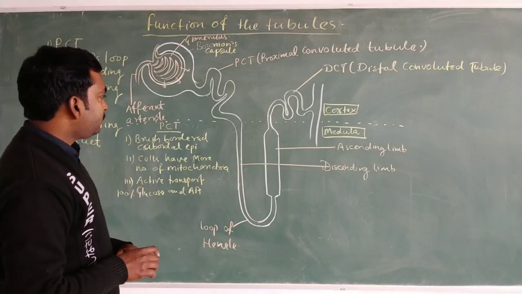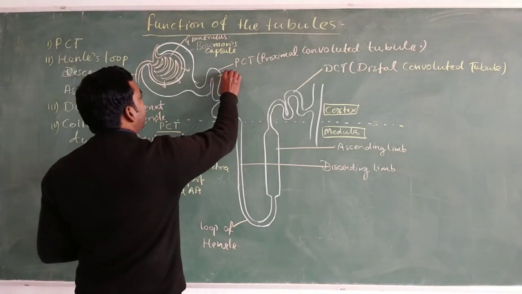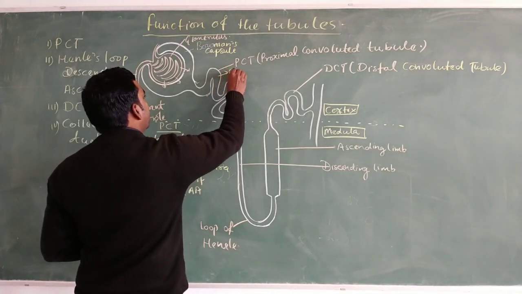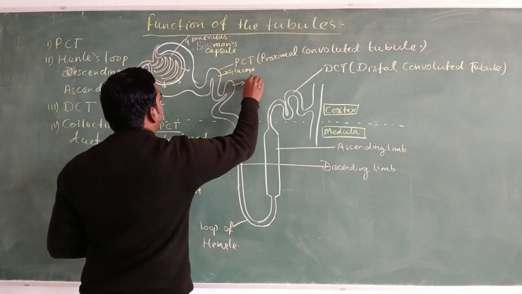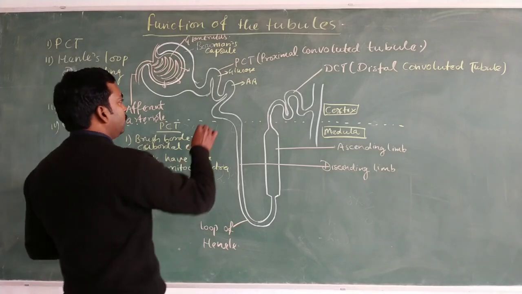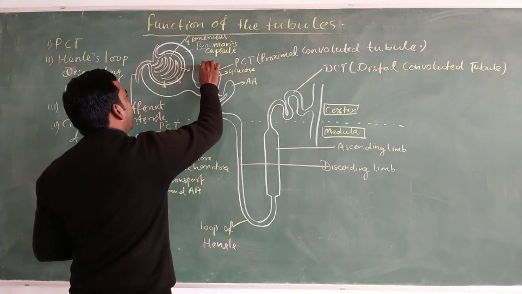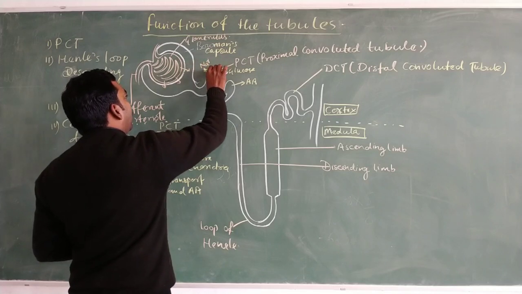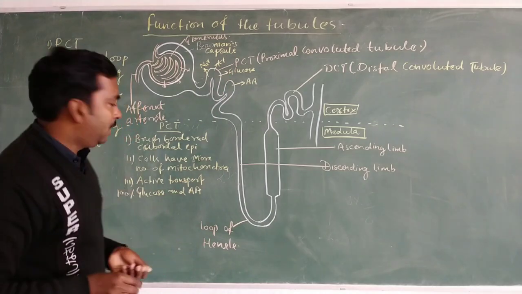In the PCT, reabsorption of glucose and amino acids is allowed by active transport, and it also allows the reabsorption of sodium ions as well as potassium ions.